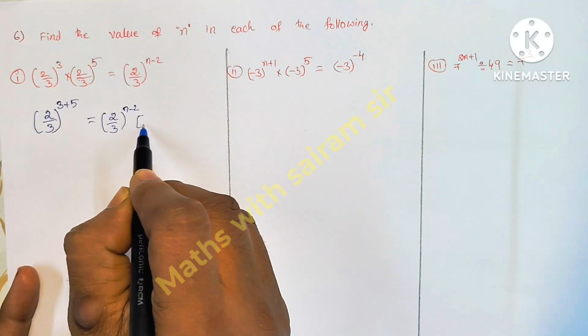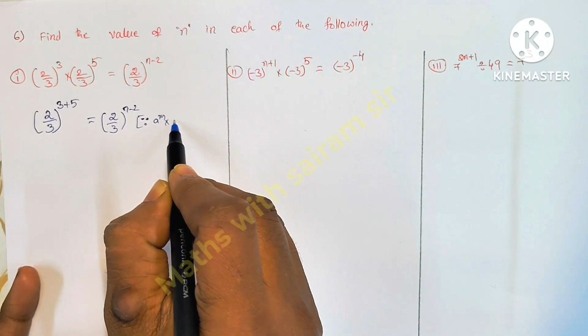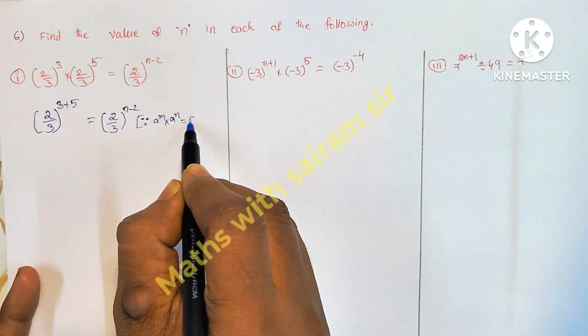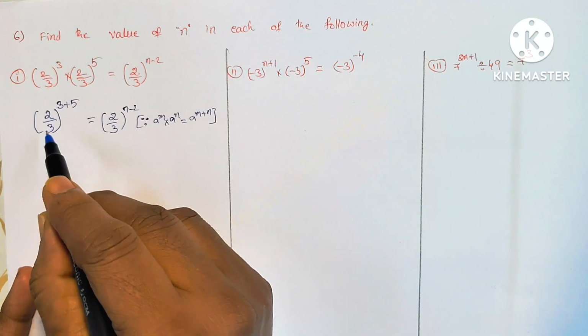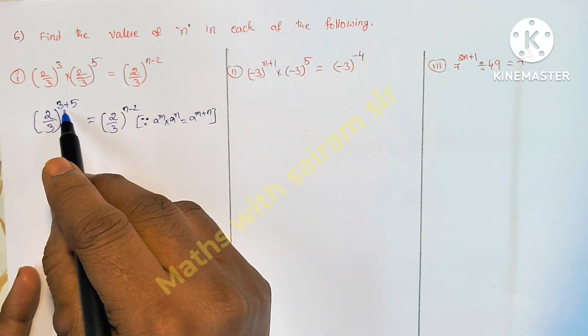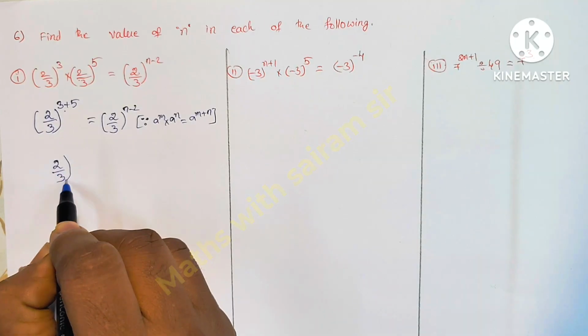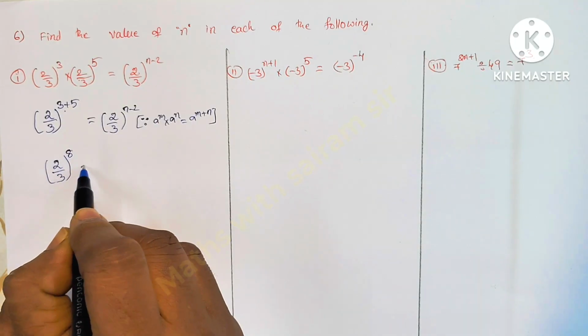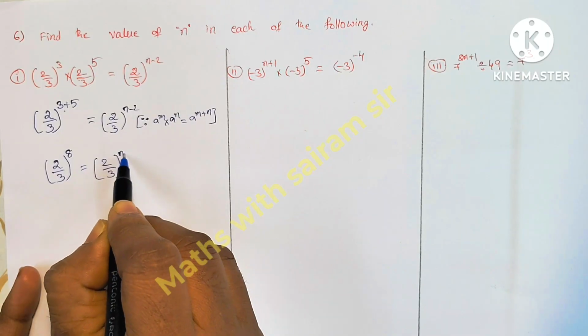Here what formula have we used? We used that a^m × a^n can be written as a^(m+n). By using this formula we can write (2/3)^(3+5), that is (2/3)^8 = (2/3)^(n-2).